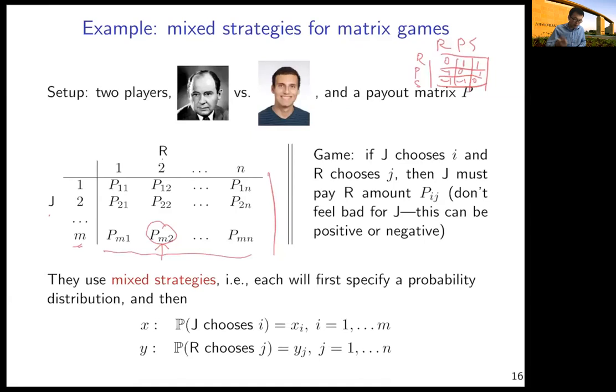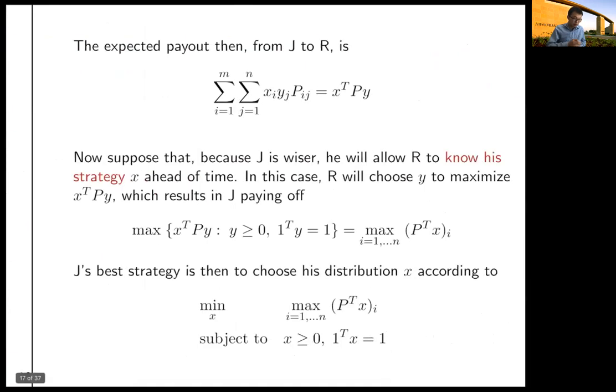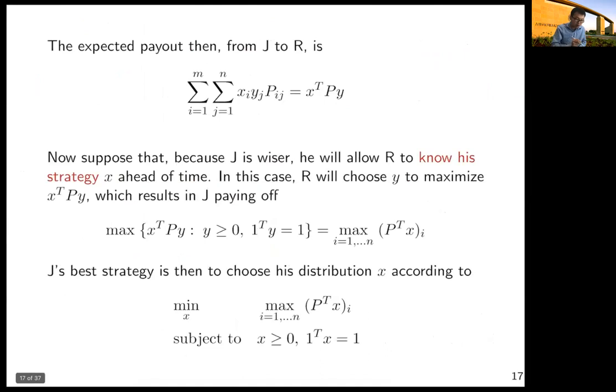Whenever these two people are playing against each other by following these policies, we can take the average, and by the definition of probability distributions, calculate their payoffs and who's winning and who's losing. In matrix form, we can write it explicitly as x transpose P y.